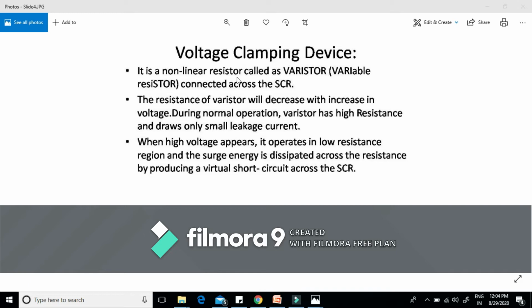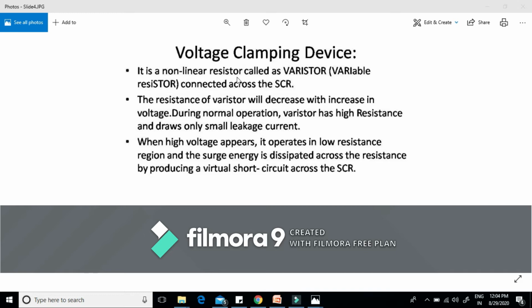The voltage clamping device has a falling resistance characteristic with increasing voltage, that is, the resistance of the varistor decreases with increase in voltage. During normal operation, the varistor has high resistance and draws only a small leakage current, while during a surge, when a high voltage appears across the SCR, since it is connected in parallel with the SCR, it behaves like a short circuit.